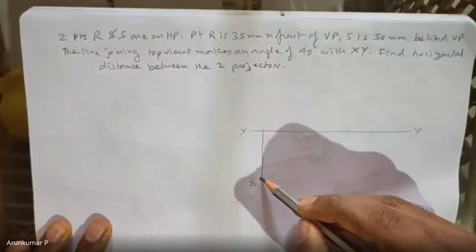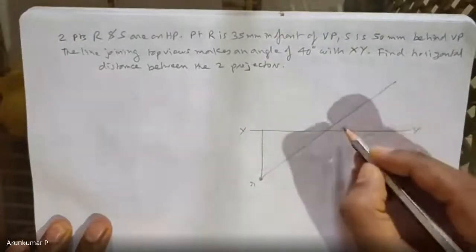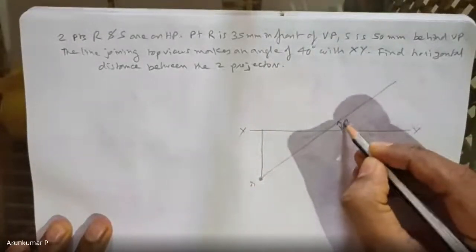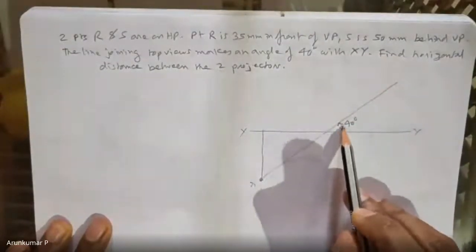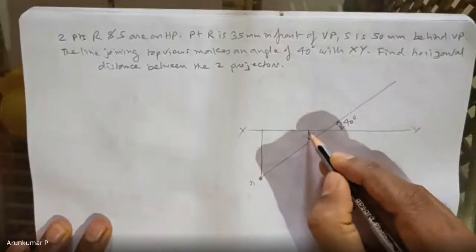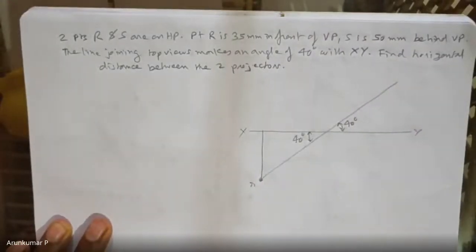So from here, you have to draw a line like this. This angle should be 40 degrees because it says 40 degrees with XY. So this angle, or even you can say this alternate angle, both should be 40 degrees.